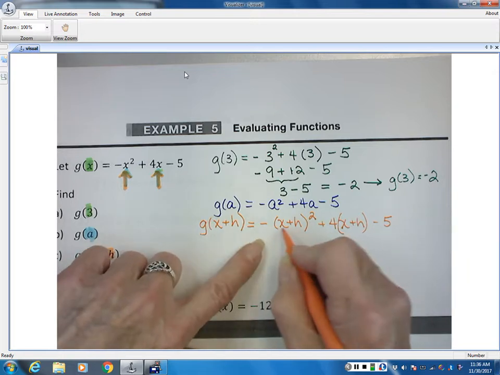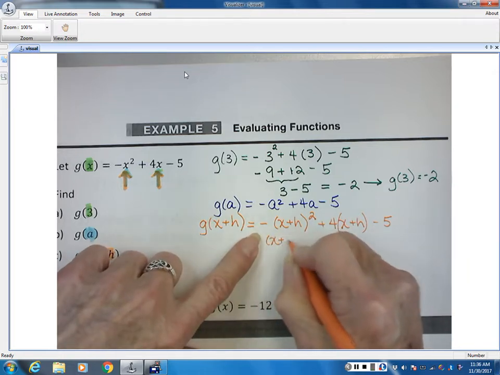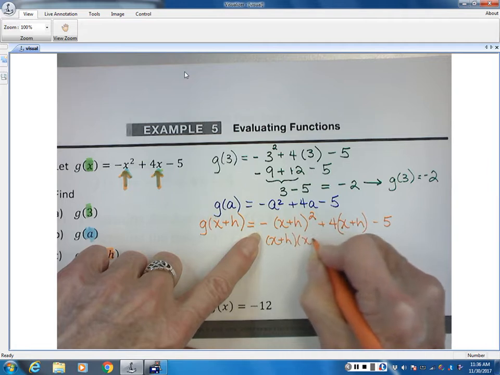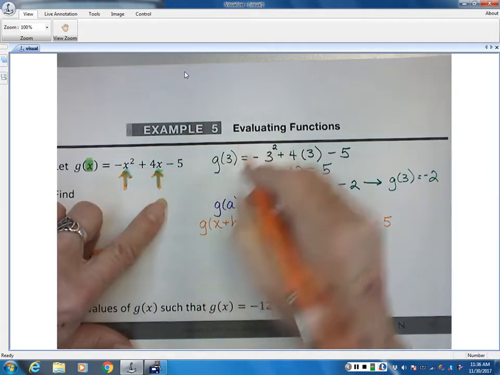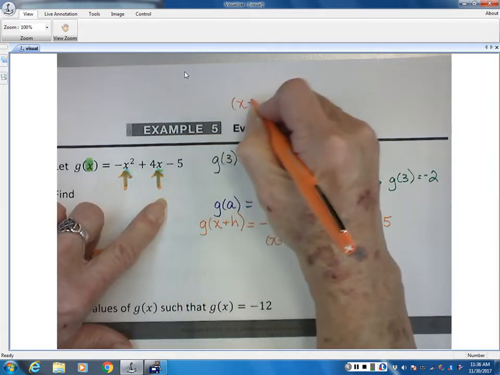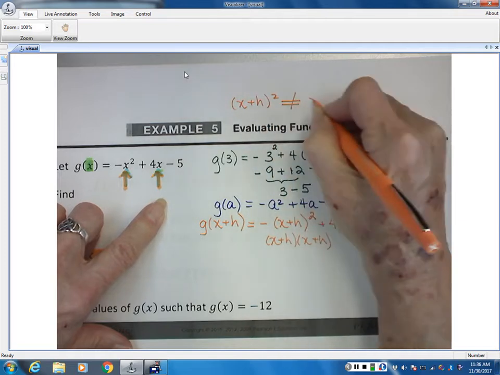So remember that the quantity (x plus h) squared is actually x plus h times x plus h. Please try to burn it into your brain that (x plus h) squared does not equal x squared plus h squared.